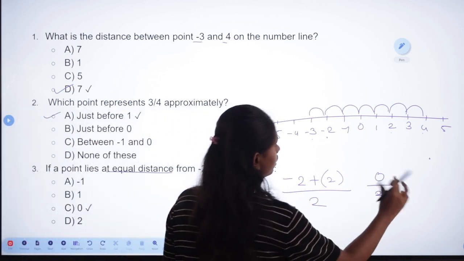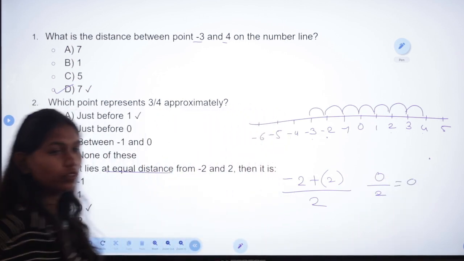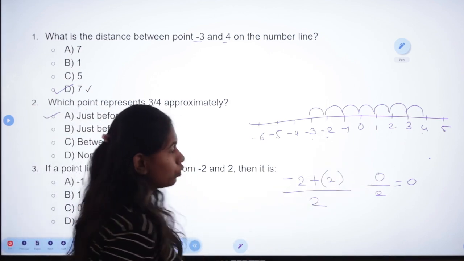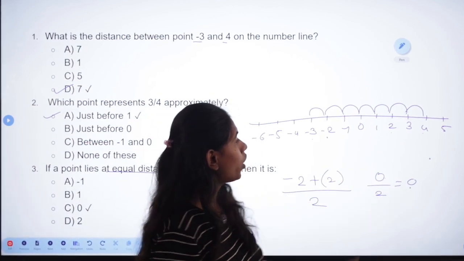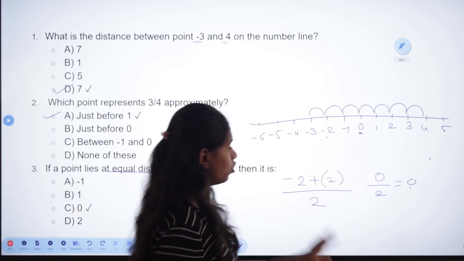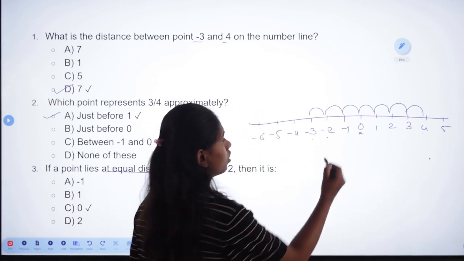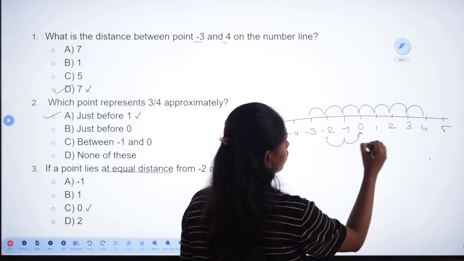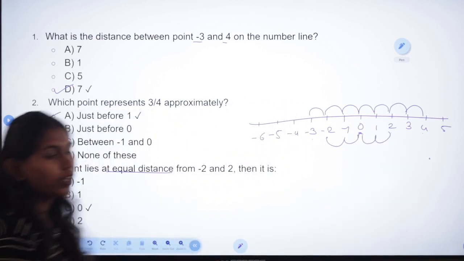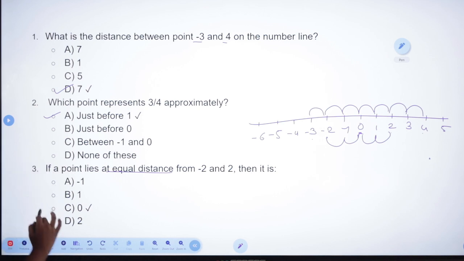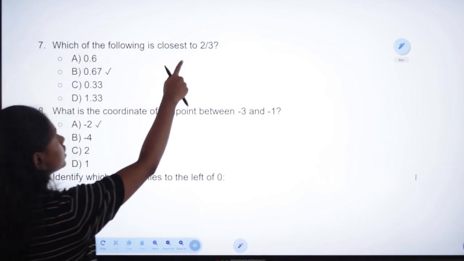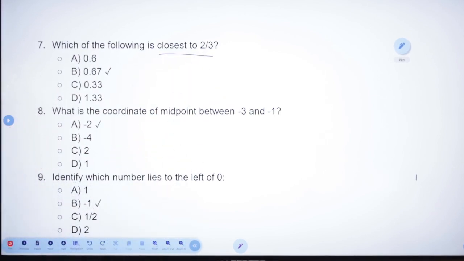If you divide this, you will get 0 only. Divide 2 zeros are 0. Then which is the point? That is 0. So let's check: from 0, the 2 is 1, 2. So what does it mean? That option C, 0, is the answer.